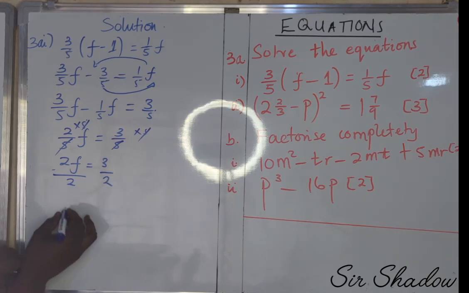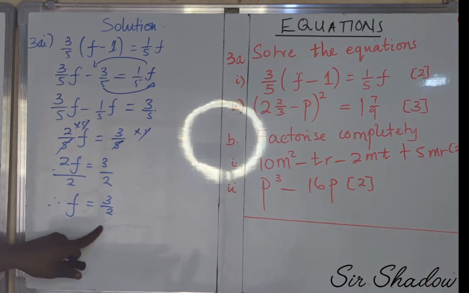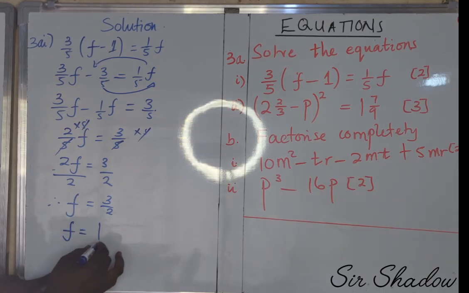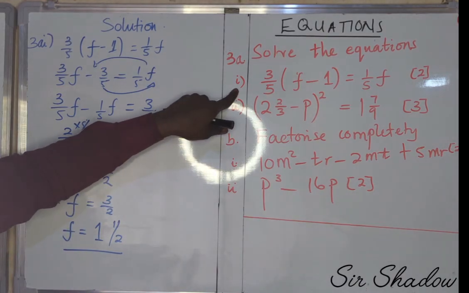Therefore, f equals 3 over 2. We can simplify this further, getting f equals 1 whole, 2 into 3, 1 whole, 1 over 2. This becomes the final solution for the first part.